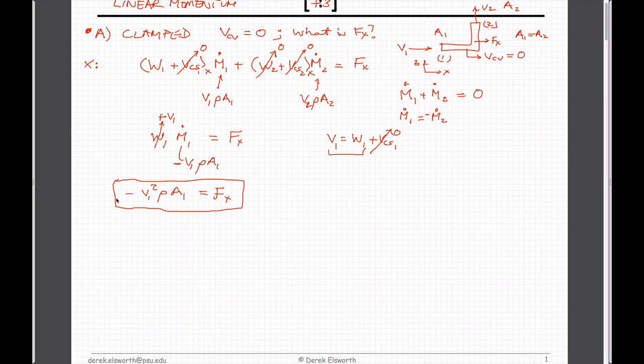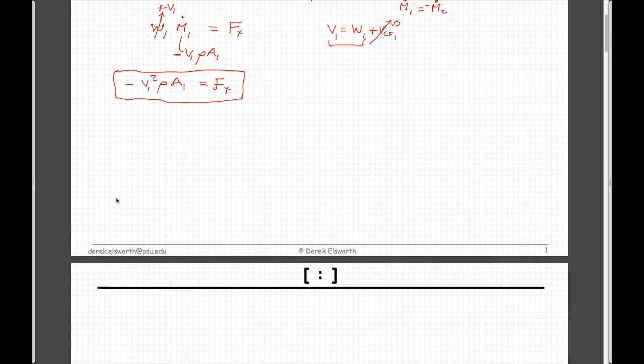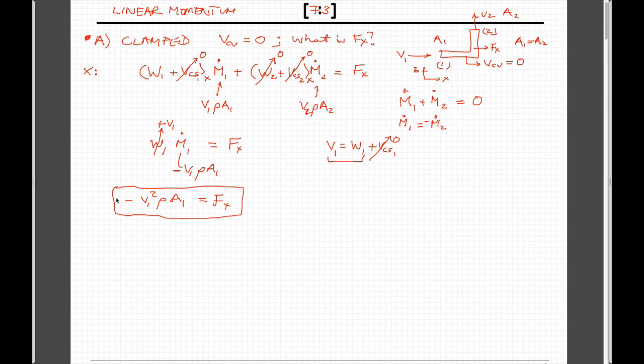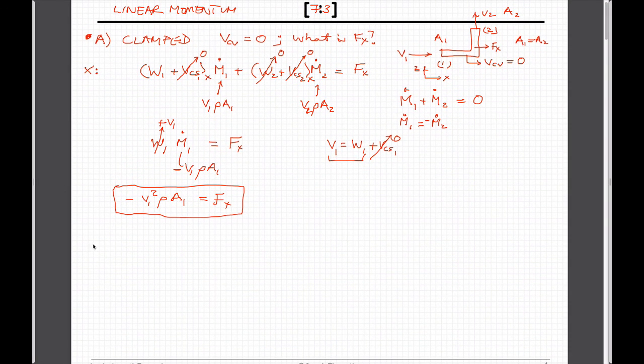All right. So, same problem. I'll let you, if people are writing that down, all right. So the second, same problem, but now unclamped. So by definition, force in the x direction is 0. What is the velocity of the control volume?